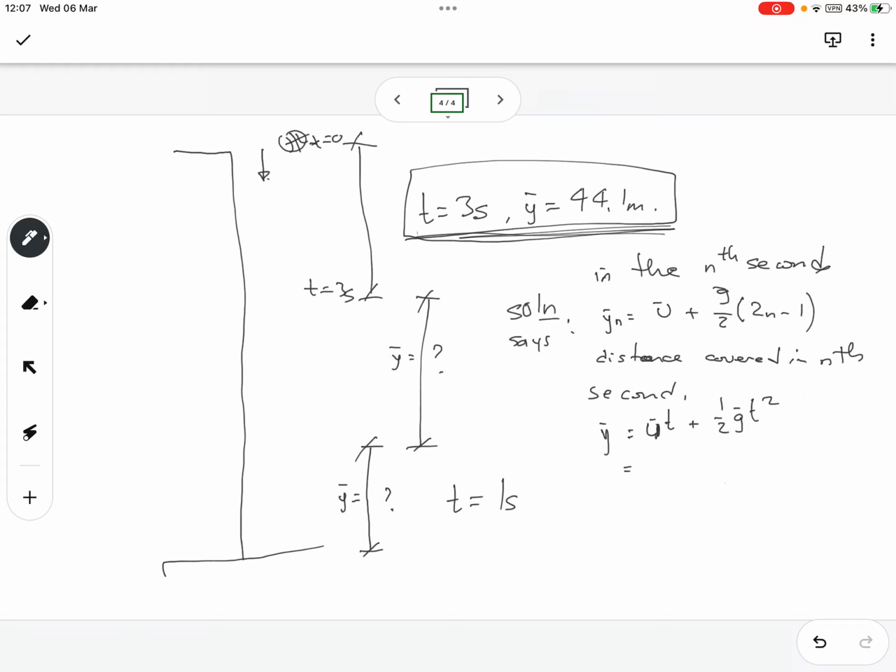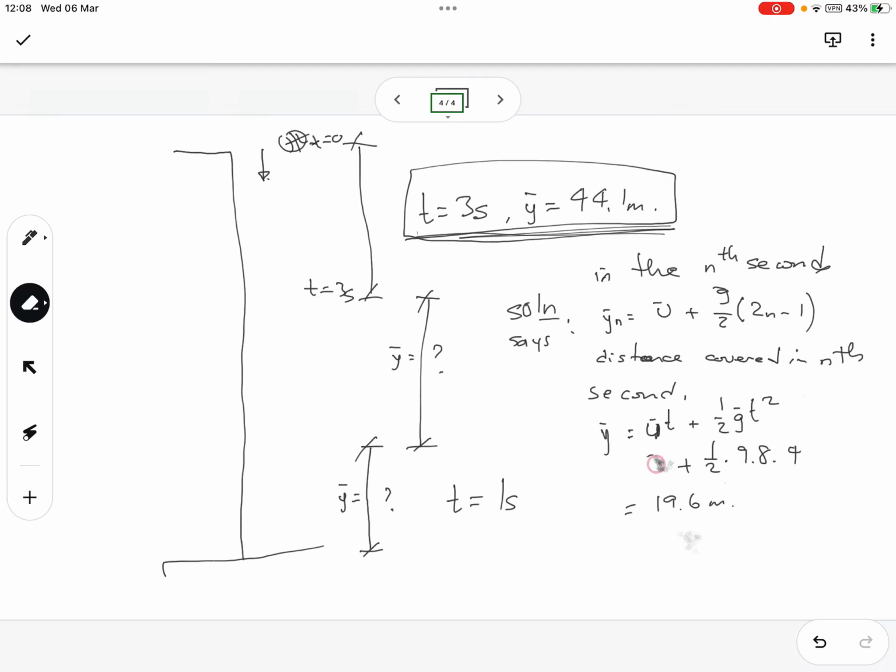What is the height at t is 2 seconds, within these first 3 seconds? It would be 0 plus a half times 9.8 times 4, which is 2 times 9.8, which is 19.6 meters. Okay, but that doesn't really take me anywhere.